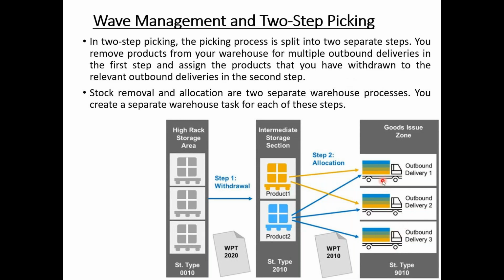Either the worker will go into the warehouse, pick 10 and load it into the truck, go back to the warehouse, pick again 30, come here and load it into the truck. But if the worker has a capacity to pick 50 units at a time, then in the wave management and two-step picking in the EWM, we can configure that the worker can pick 50 units, move it to the intermediate area, and then from here they will load it into the truck.